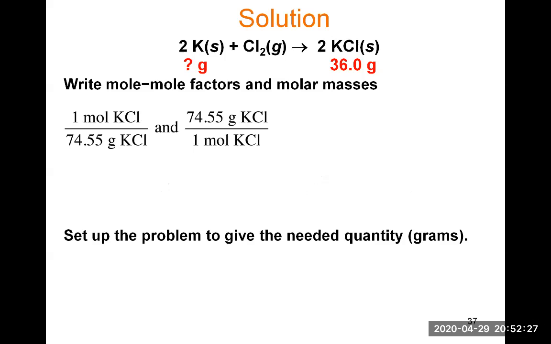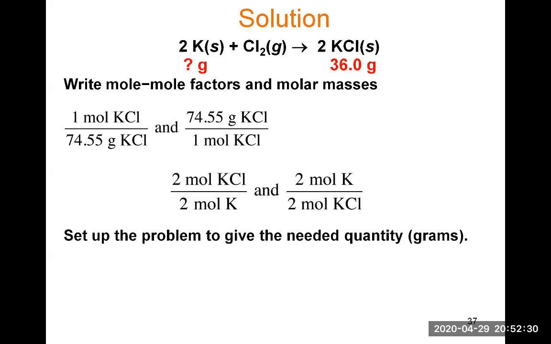After that, we will use the mole-to-mole conversion factor, and it's either of these 2. Given that we use the first conversion factor for the molar mass of KCl, the next conversion factor should cancel the moles of KCl that are in the numerator of the first one. So out of these 2 mole-to-mole conversion factors, it should be the second one, the 2 moles of K over 2 moles of KCl, such that we can cancel moles of KCl.